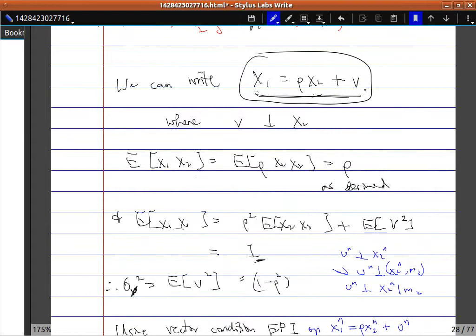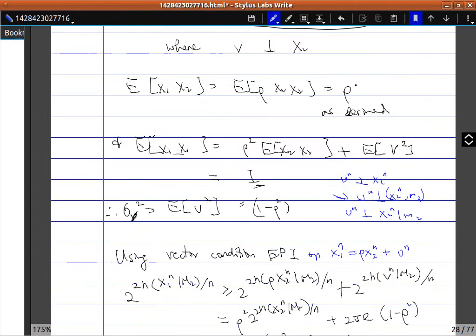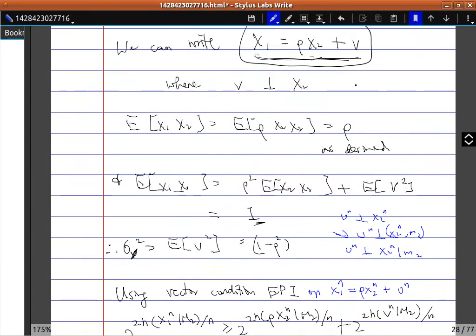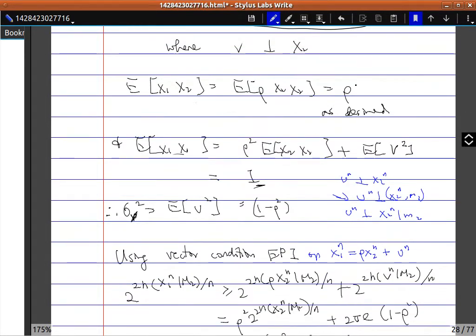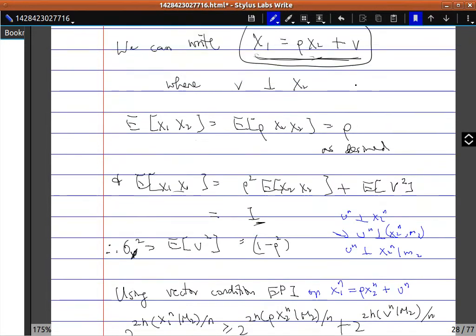Basically x2 and v are independent. Wait a sec, I have something I need to mention also. So v and x2 are independent, because we have IID pairs here.